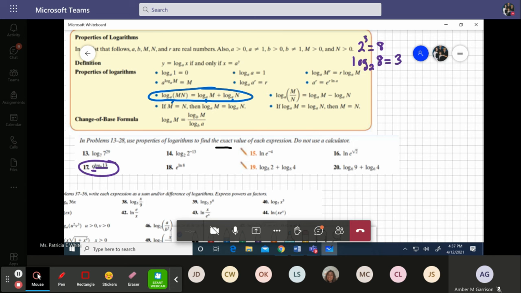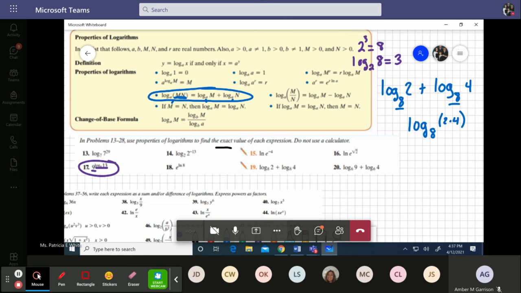So if I have log base 8 of 2 plus log base 8 of 4, because I have that same base, I can take this addition problem and make it into a single logarithm with a multiplication. I can rewrite this as log base 8 of 2 times 4.